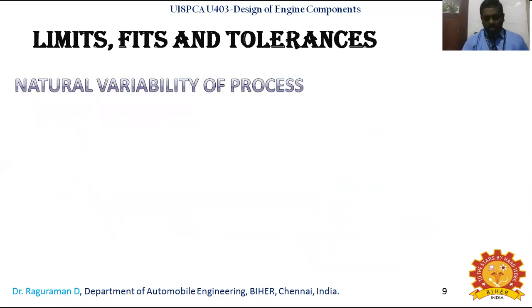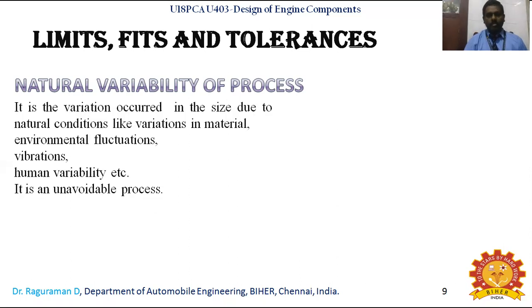So why are we getting all these deviations while manufacturing? Because of the natural variability of the process. In a manufacturing process, you will be having a variation in the sizes due to natural conditions like variation in material, because from material to material the precision varies, ductile material as well as brittle material. The precision expectation will be different. In aluminum you can expect more precision because of its machinability.